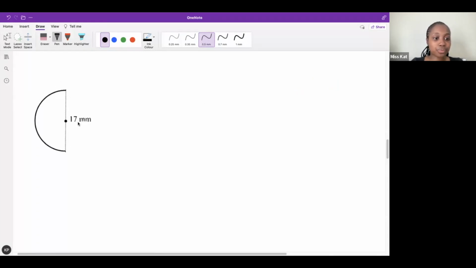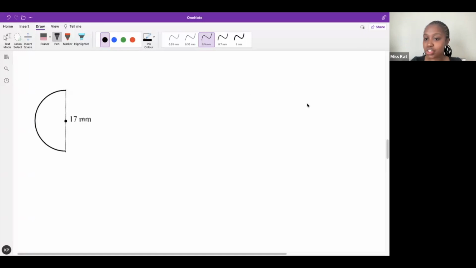Nice. So here we have a semicircle. We still want the area in meters squared.